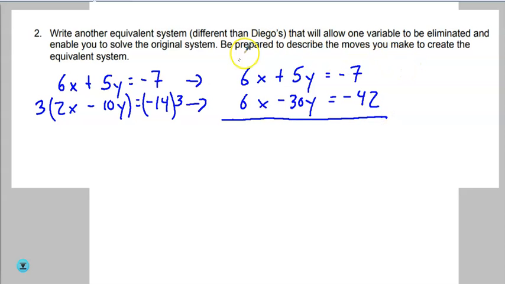And then what would I do to eliminate the x's? I'd have to, since they're both +6, subtract the two equations. 6 minus 6, 0. 5 minus -30, remember that becomes a plus, so 5 plus 30 would be 35. y equals -7 minus -42. -7 minus -42 is a +35 also.